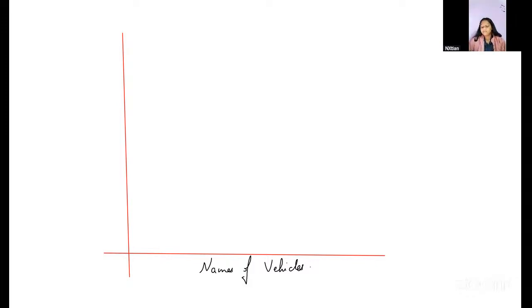Okay. So names we take on this axis. It's known as the x-axis. And on this another line, the y-axis, we take the number of vehicles.